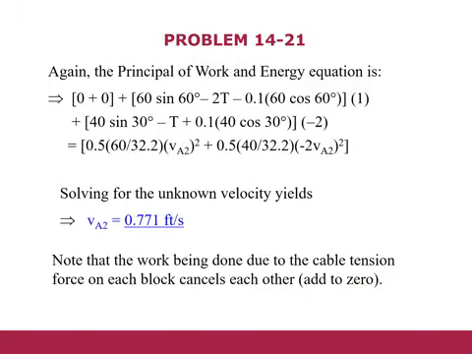By further putting the values and solving the equation, we will get the final velocity of block A, which is our required result. That is how we have solved the problem related to the system of particles by using the work energy equation.